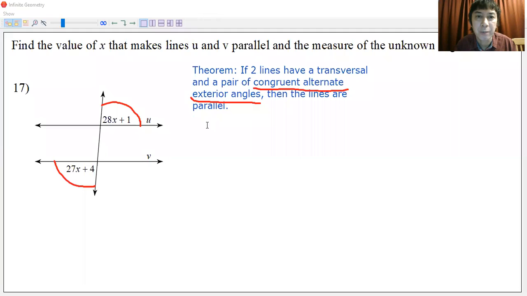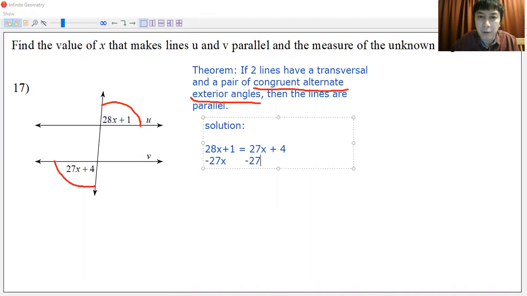All right, let us set up our solution. The angles must be equal. So 28x plus 1 must be equal to 27x plus 4. And so for x first, we subtract the 27x first from both sides of the equation. All right.